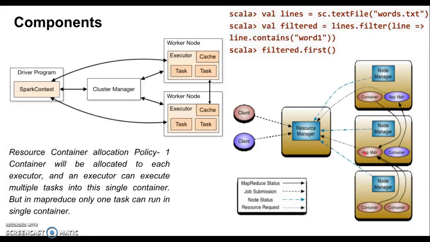So let's come to the point. The RM accepts the application from the client and allocates an application master, right? The AM is a Java process, so it allocates the container for its application on any of the node managers. When the application master gets started, it asks for resources from the resource manager for its application tasks.